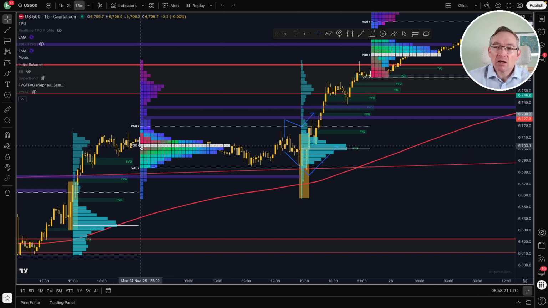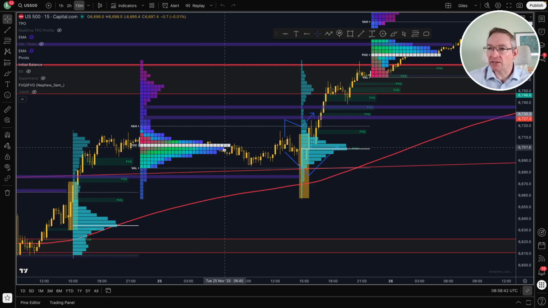There was no other place on the chart where price traded more frequently during that day than 6,700, right? That's where traders and investors were happy to buy and happy to sell. And you can see all that time price spent there.